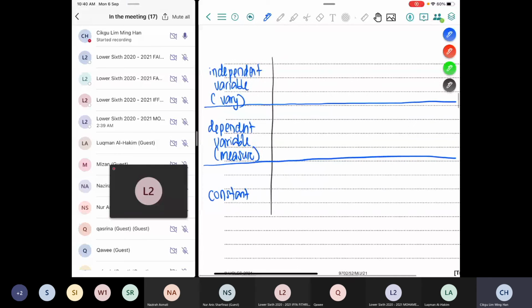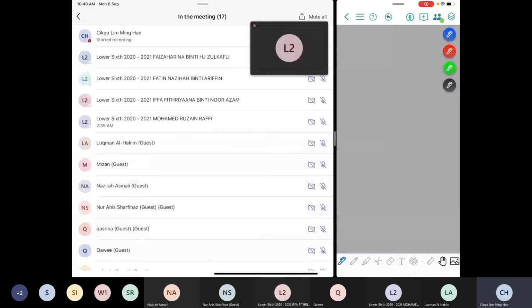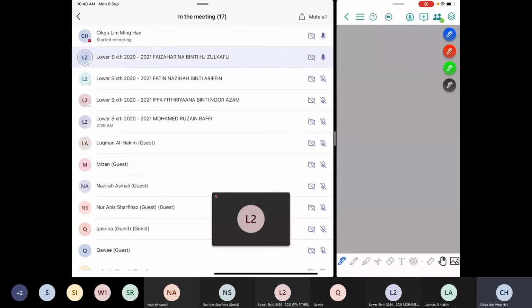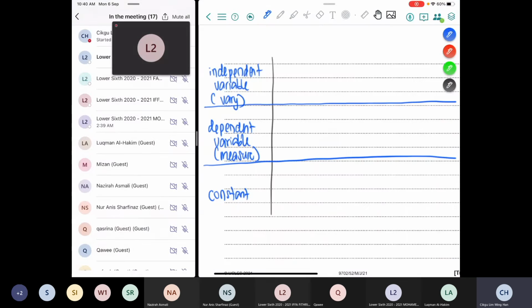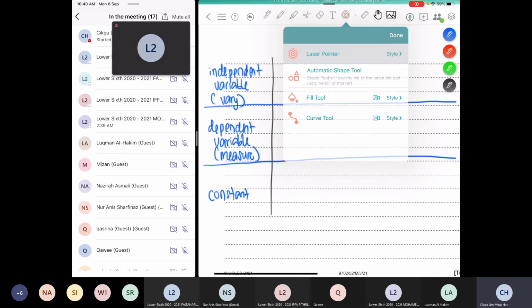Faiza, are you there? Oh, Faiza, you're back online now. Can you tell me what is the independent variable and the dependent variable? The independent is what you change, what you vary.